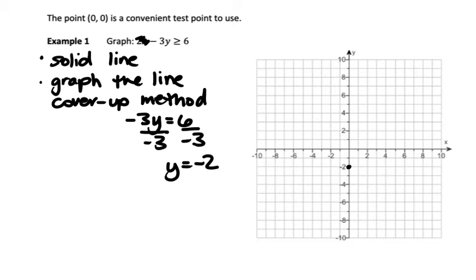And then I'm going to erase that and cover up the y. So I have 2x equals 6, and that means that x equals 3. So I mark that on the x-axis.